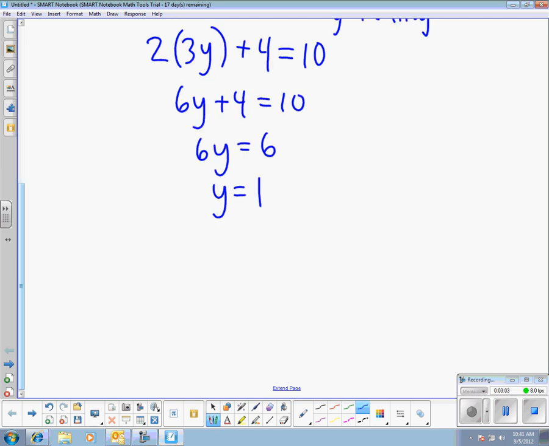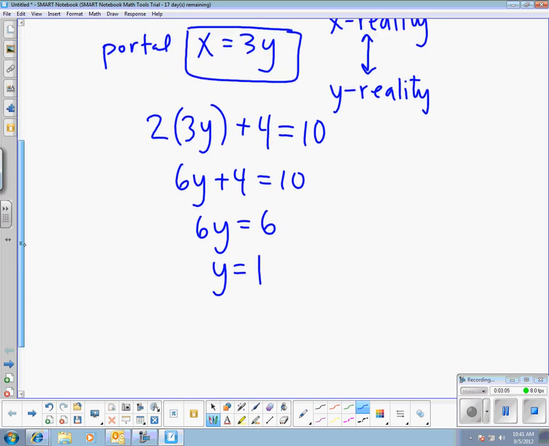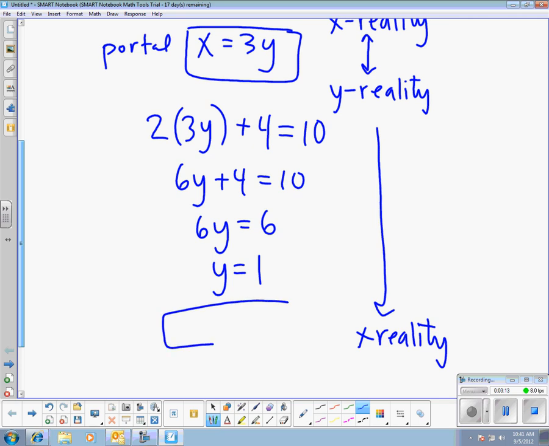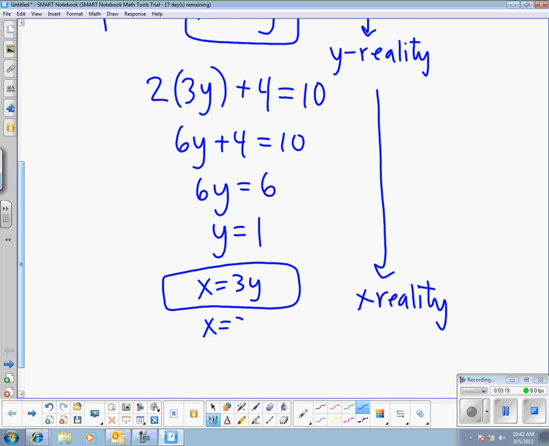Lucky for me, I've got a way to get back from y reality to x reality, and that is the doorway portal that I made up earlier, which is x equals 3y. If x is 3y, then x is 3 times 1, and x is 3. So good for us.